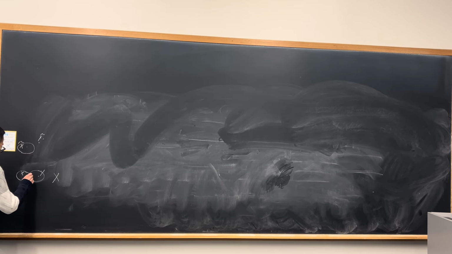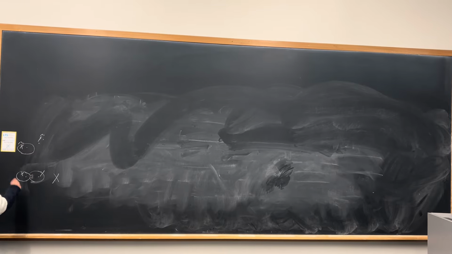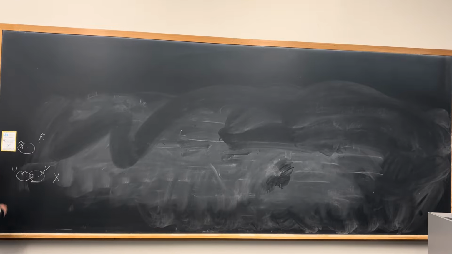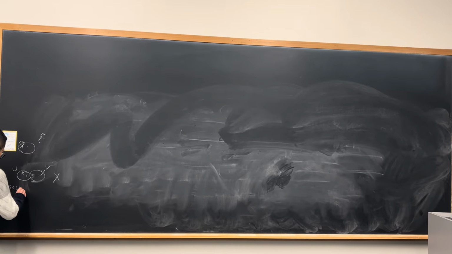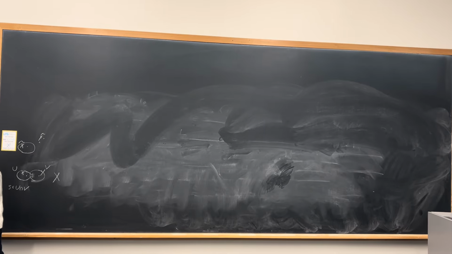The issue is that if you pick any point, let's say k, oh, k is used here, so maybe I'll use s. For example, this is the U, this is the V, and U and V are evenly covered domains. Suppose this s is in U intersect V. Then I want to analyze what this gamma inverse of s is.